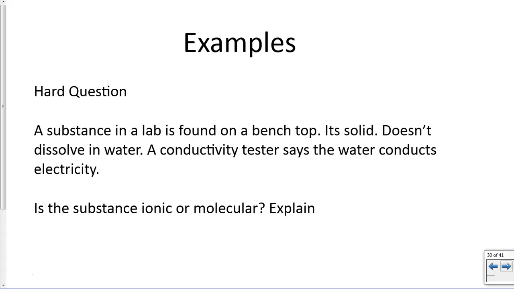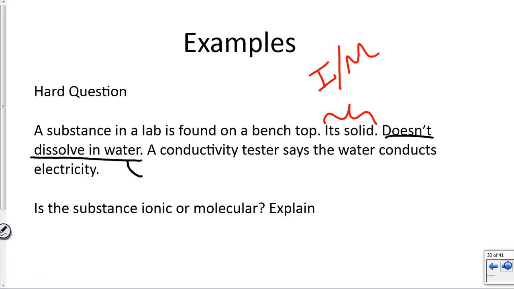Now, here we've got a whole bunch of information. Lots of information. I'm going to start out by ripping it apart. It's a solid. This means it could be ionic or molecular. This actually doesn't tell me anything yet. Now, if we take a look at the next part, we see it doesn't dissolve in water. If we remember correctly, our ionic compounds do dissolve in water all the time.